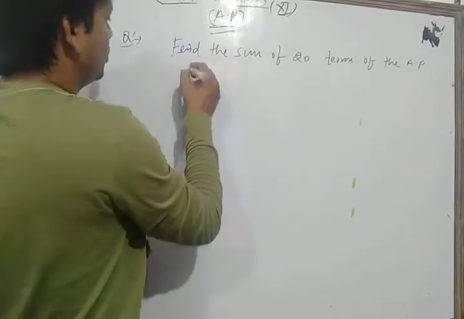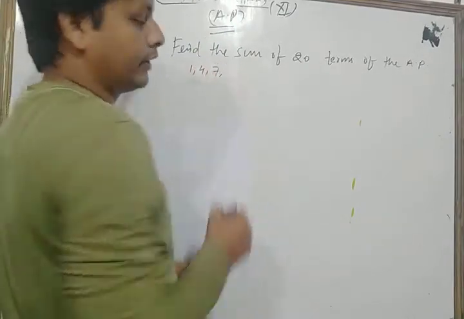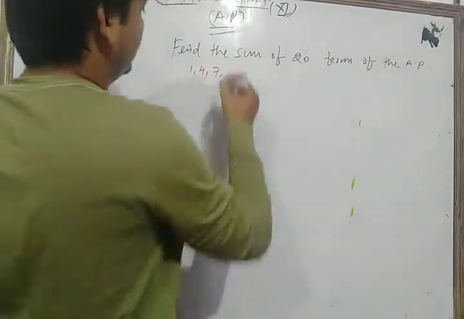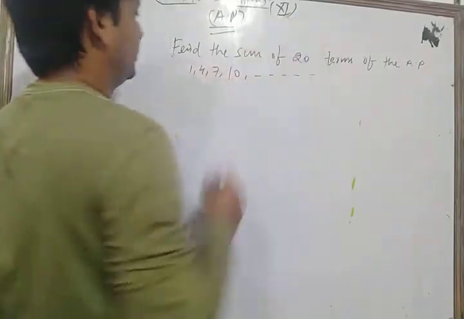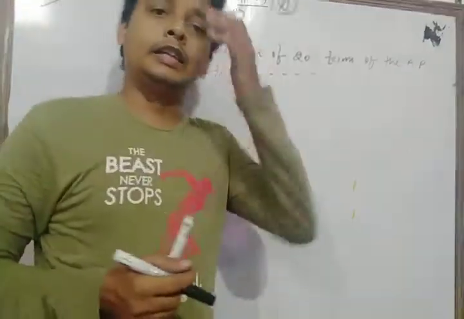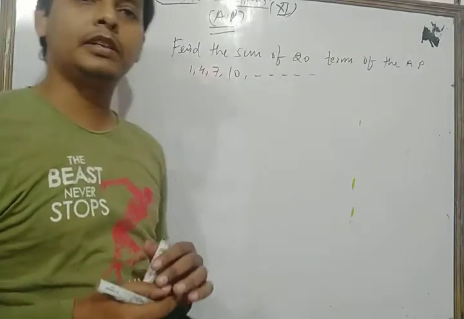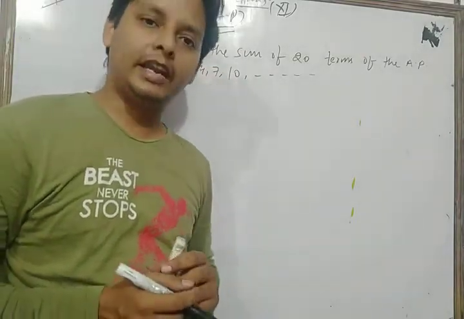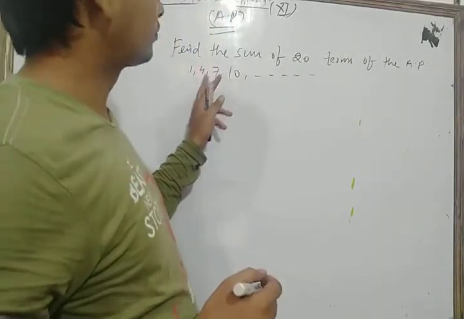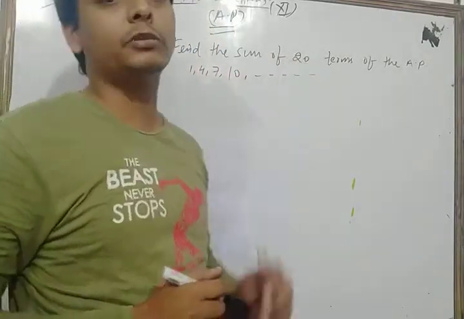The AP is 1, 4, 7, 10 and so on. Dear student, this is an AP because the common difference is the same. Now we find the sum of 20 terms of this AP.